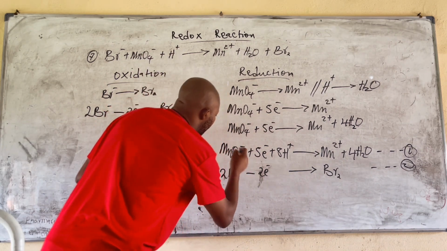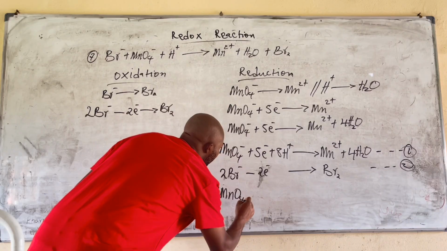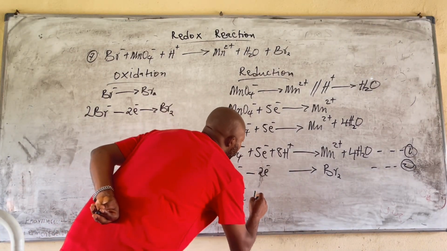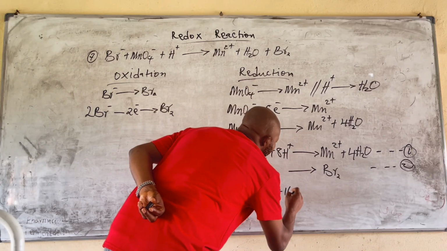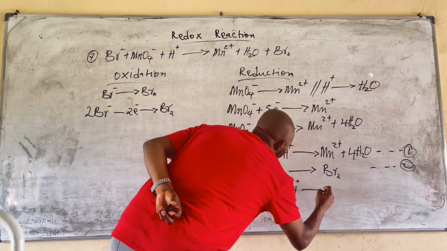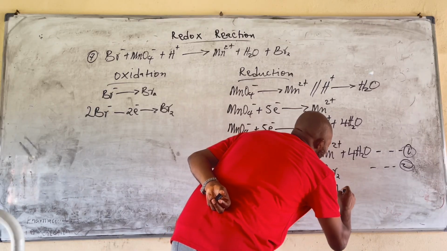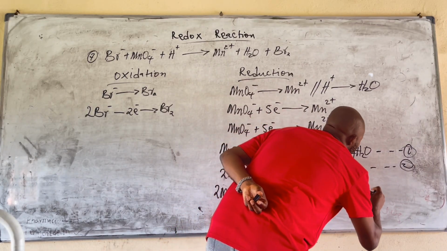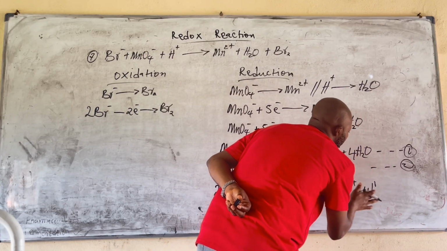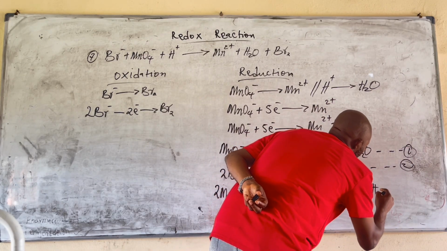So this by 2. So I have 2MnO4 minus plus 10 electron plus 16 hydrogen. So I multiply by 2. This times 2 is 2Mn2 plus, 4 times 2, 8, plus 8 moles of water.